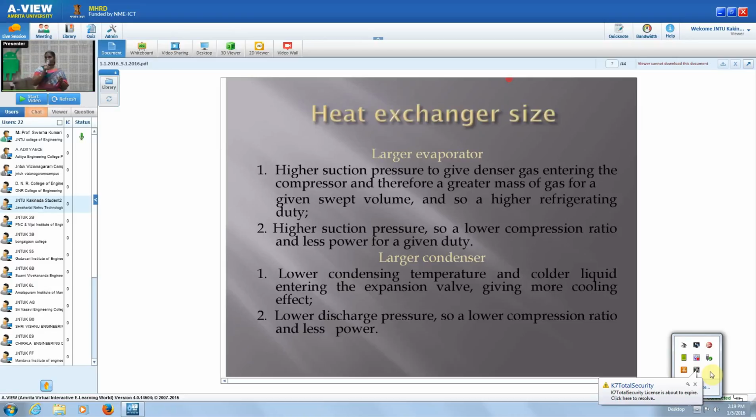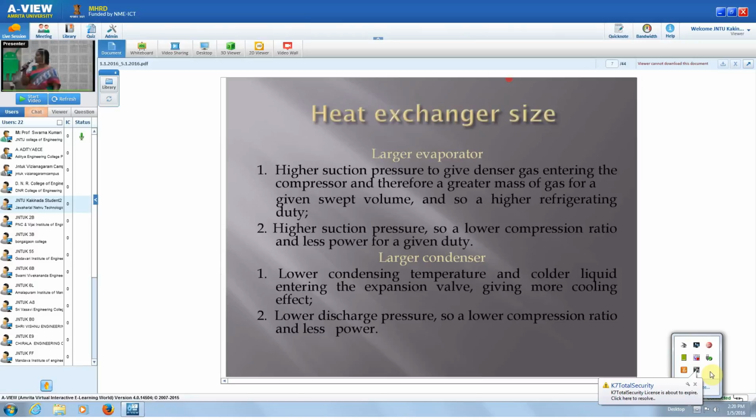Then similarly, higher suction pressure. When the suction pressure increases, it lowers the compression ratio. So whenever the suction pressure increases, the compressor work will be reduced, which will also reduce the evaporator size. And similarly the condenser.